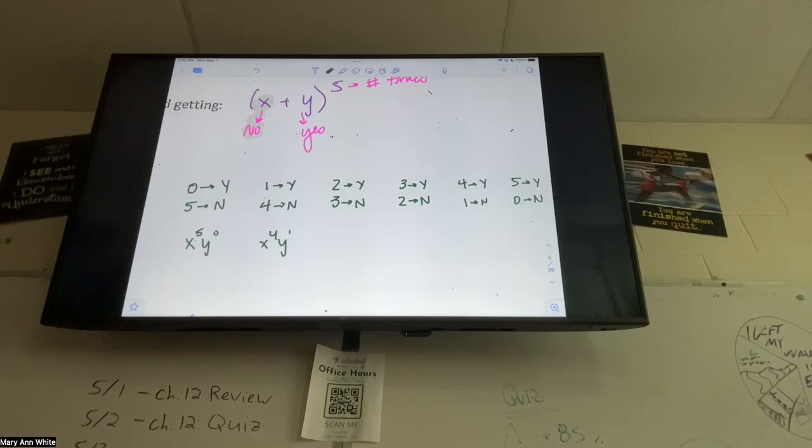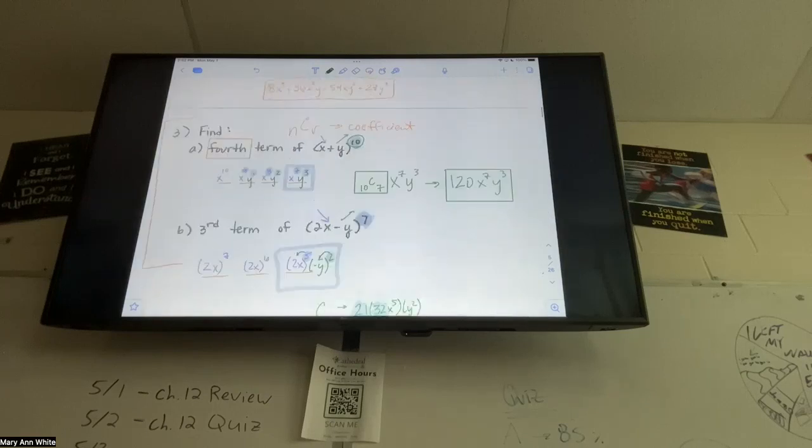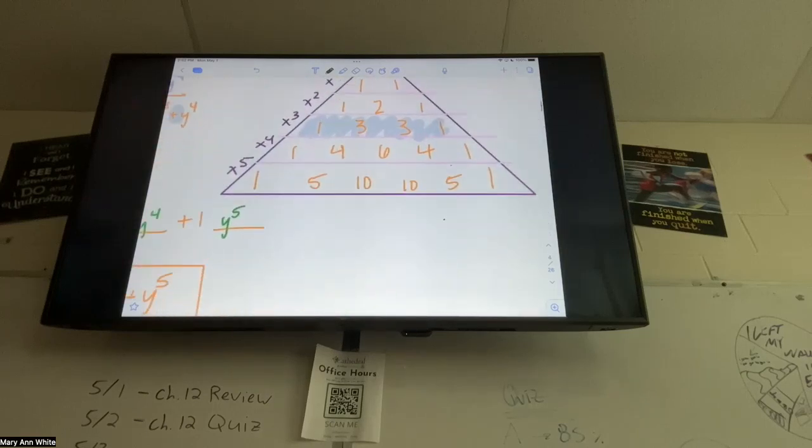If you remember when we did our binomial expansion, it's not just these. We had coefficients that came from Pascal's triangle. So we have to use our Pascal's triangle, we have to use our coefficients. And I circled that last row because that's the row we would have used for something to the 5th power.